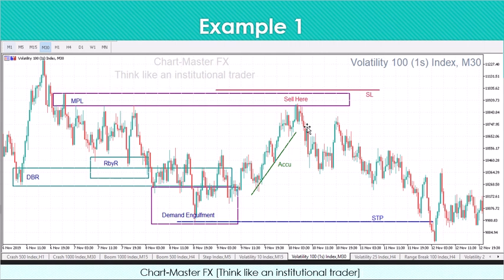This is SDE with PA. And what is the PA here? It is the accumulation. The target profit should be the depth of engulfment of the base. The price came to this base, to this depth of engulfment, so you'll be putting your safest take profit here.